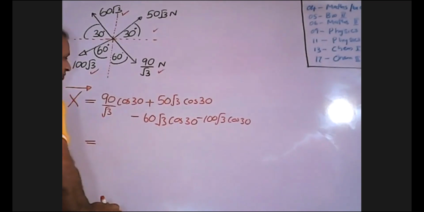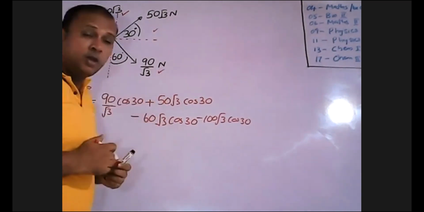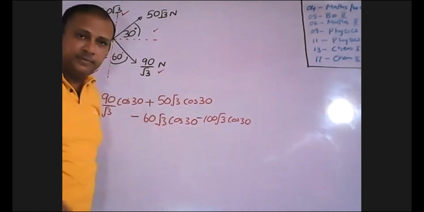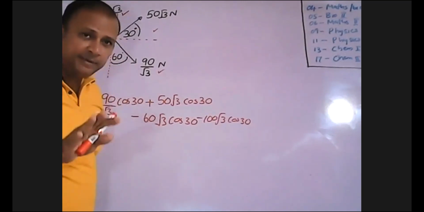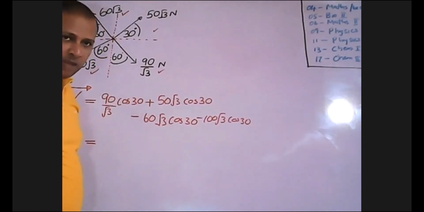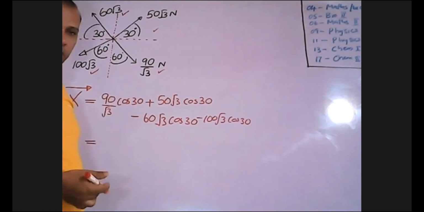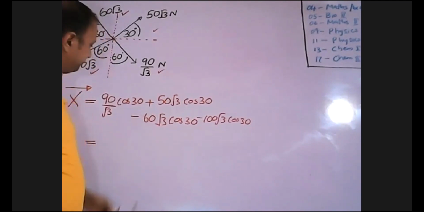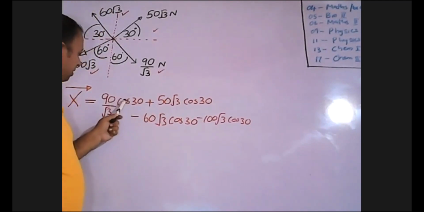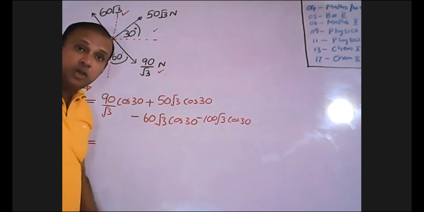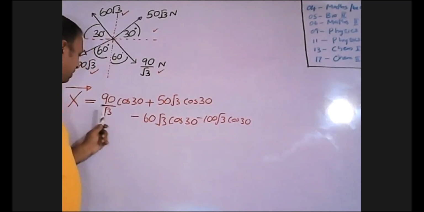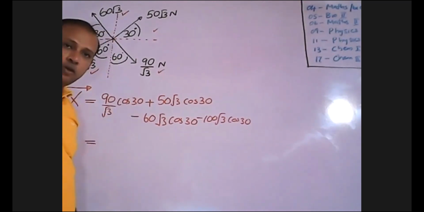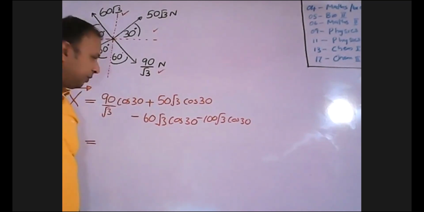If I simplify this, you can do this within your mind. Don't write this step. Everyone, look at the board, how I am simplifying this one. Cos 30 means root 3 over 2, so the root 3s will be cancelled out. 90 over 2 means 45.